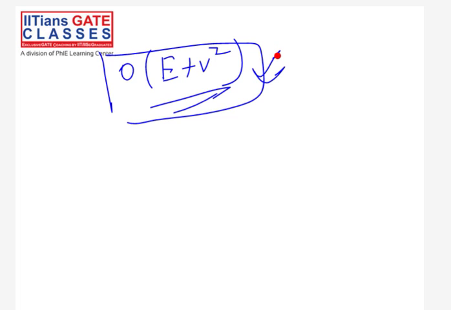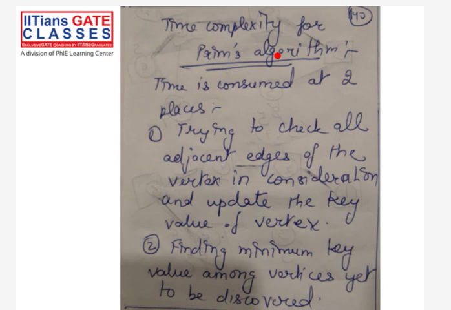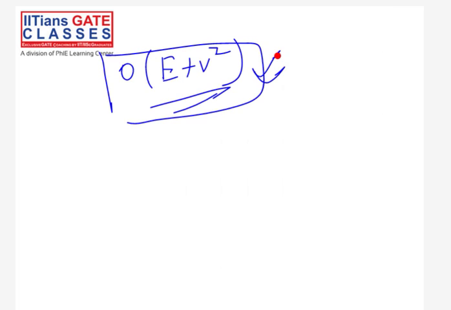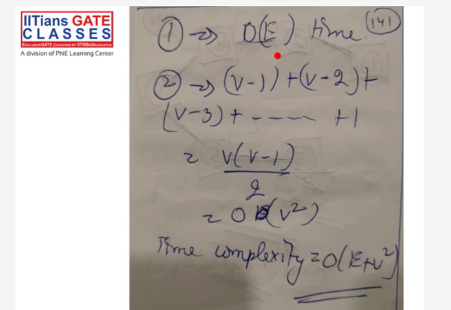Now, the first part is checking all adjacent edges of the vertex in consideration and updating the key value, and this is done for all the edges twice, which I have already discussed. And then finding the minimum key among vertices yet to be discovered. So this is the time complexity. Is this clear to everyone? This is what we get using an adjacency matrix.